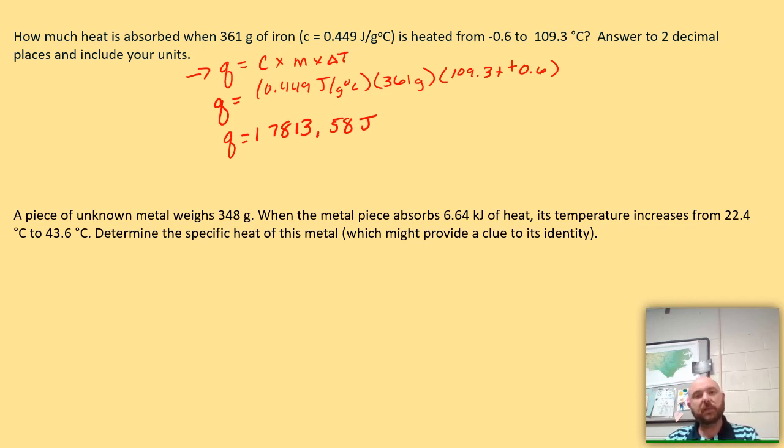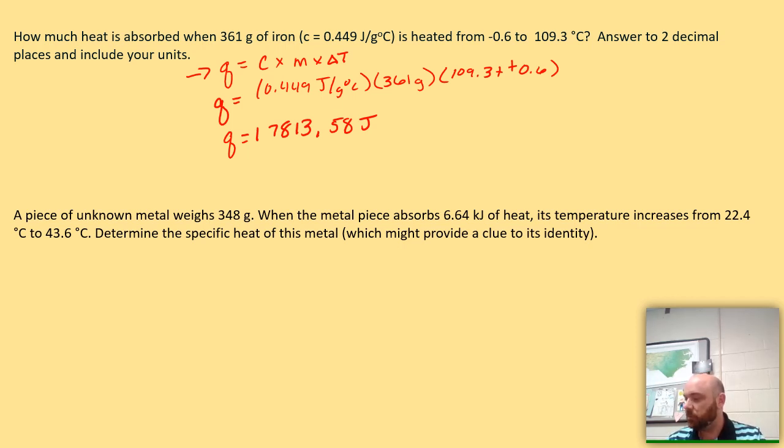Maybe we have an unknown piece of metal and we decide to measure the specific heat to see if we can determine what it is. Maybe we have a new material and we want to define that specific heat so others can see it. They might look at your material and say, hey, that would be a good material to insulate something, or that would be a good material to heat things in based on your specific heat reporting. So we are going to try to figure out the specific heat of this material.